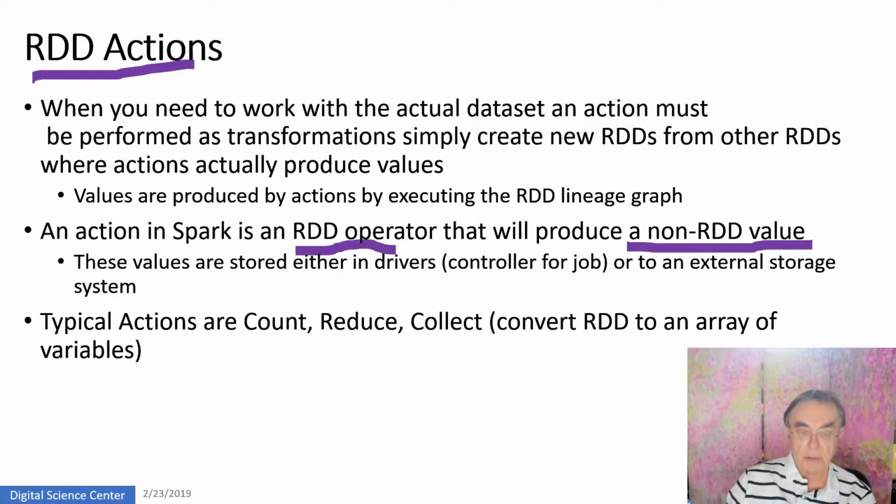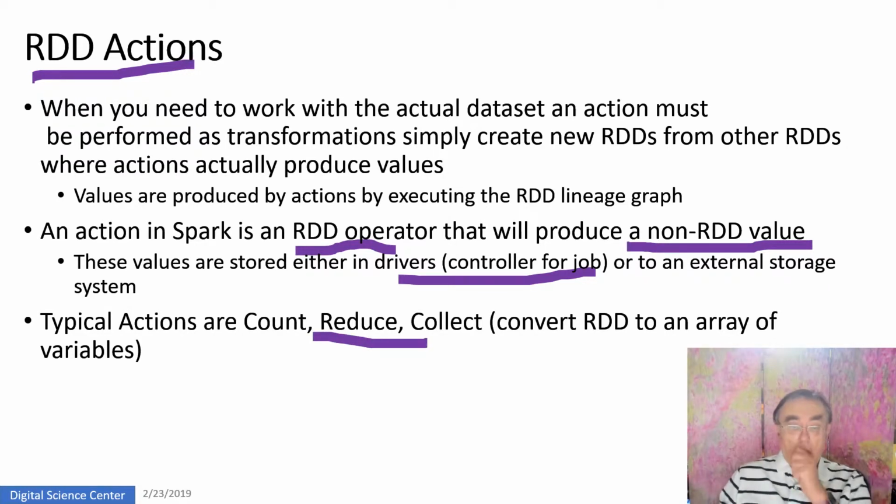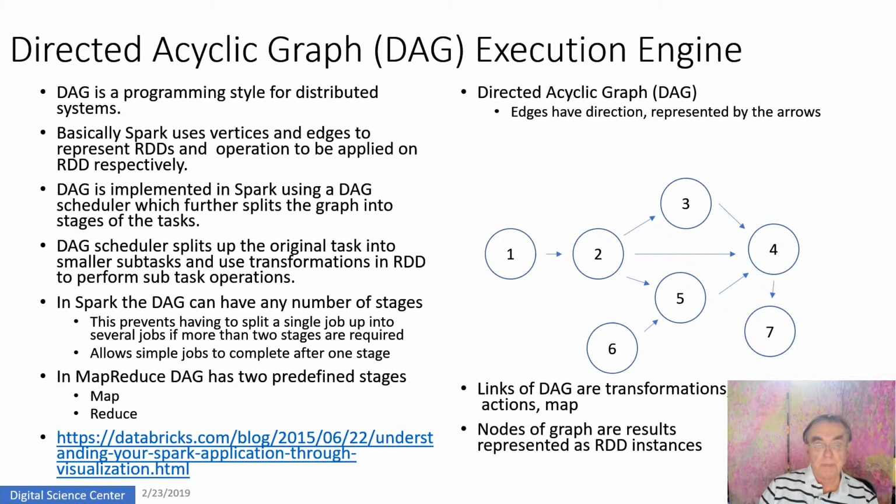And these are stored either in the controller for the job, which is called a driver, or in an external storage system. And reduce is an action. Collect, which converts an RDD to an array of variables. Count, see how many things there are. These are just actions that anybody would want to use.